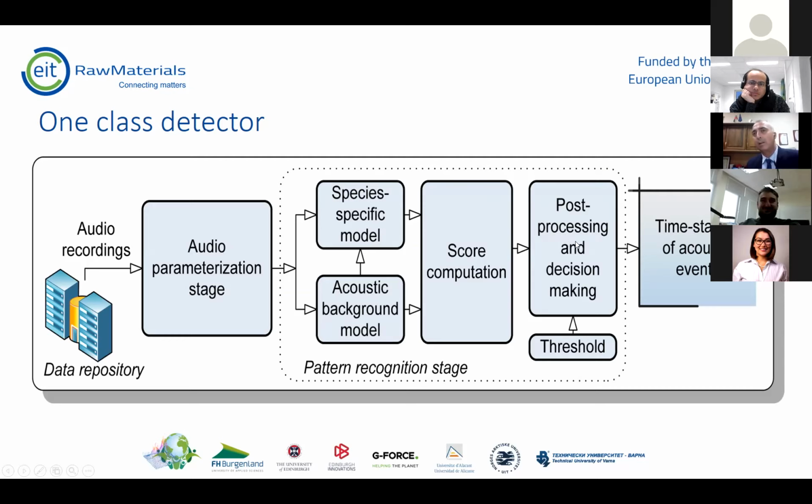And that's the machine part. For some specific time period, the machine counts how many acoustic events were counted. So if for 1 hour we have 5 events, probably this tree is not heavily infested.